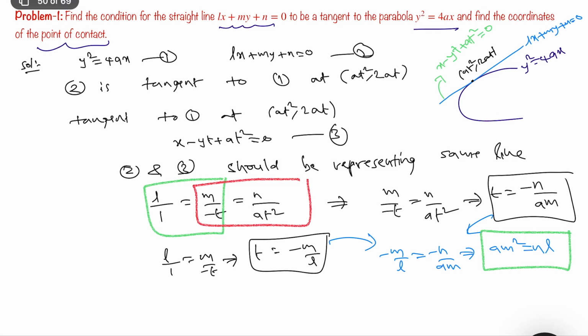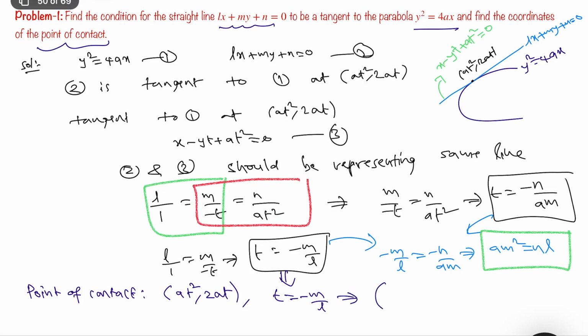Now let us find the point of contact. The point of contact is, in terms of t, (at², 2at). But we have two choices for t here. You can use either. So let me take t = -m/l.